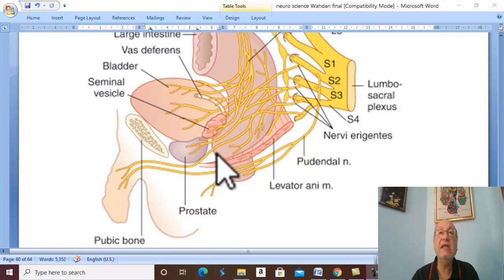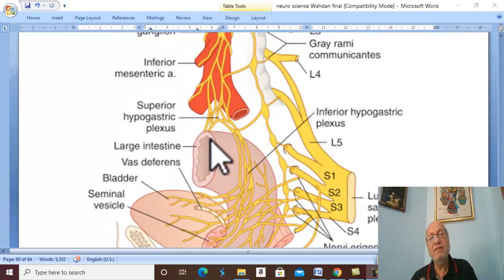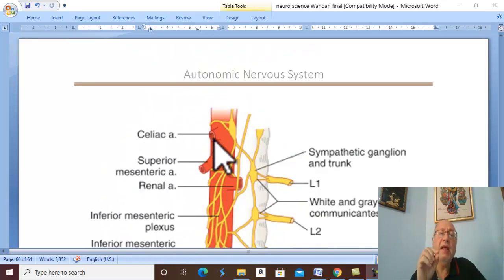These are the autonomic nerve plexuses in the pelvis. And finally, remember one point, the lumbar splanchnic nerves. What is the number of lumbar splanchnic nerves? Lumbar splanchnic nerves may be from 2 to 4 nerves.